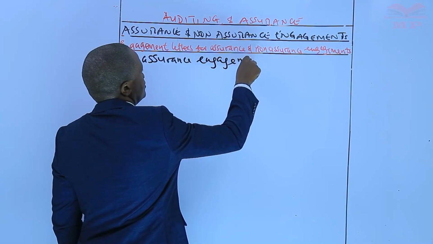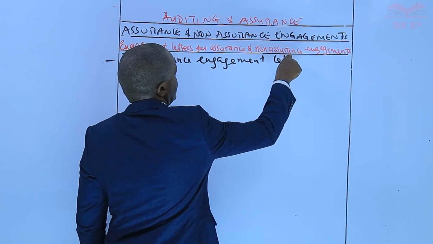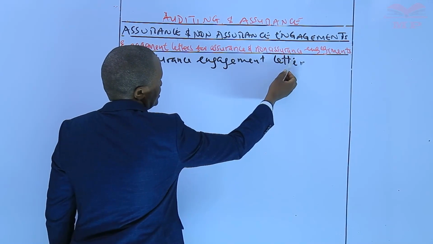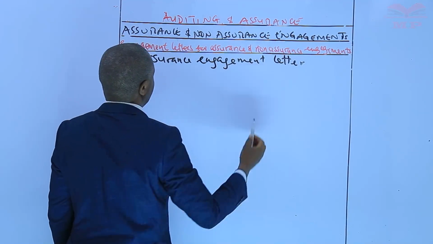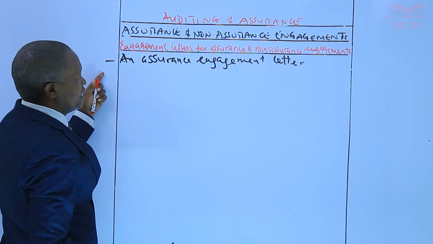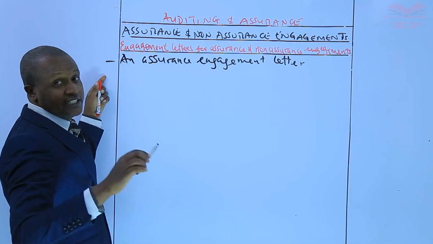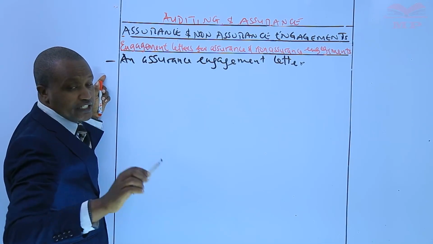Of course, we have two: assurance engagement letter and non-assurance engagement letter. So we begin by defining an assurance engagement letter, and I've said here that it is a written agreement or contract.